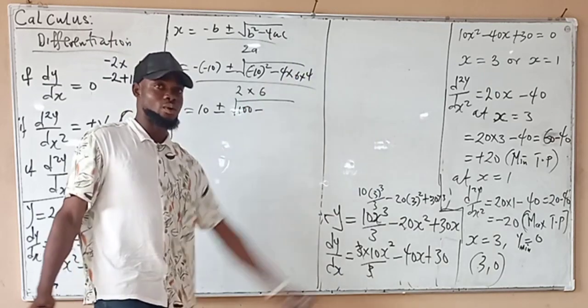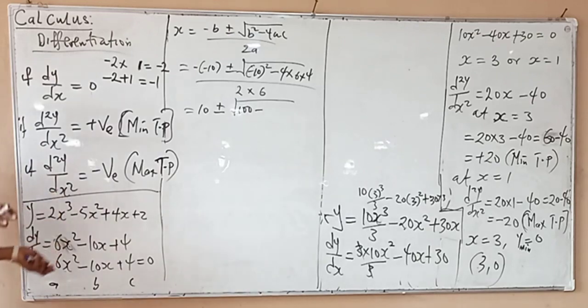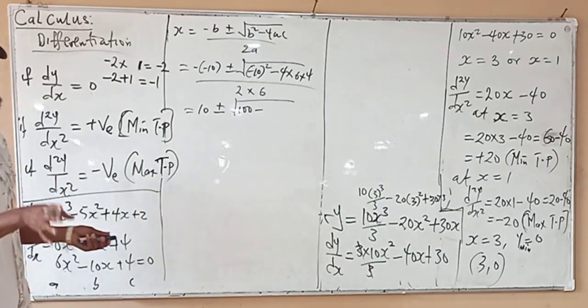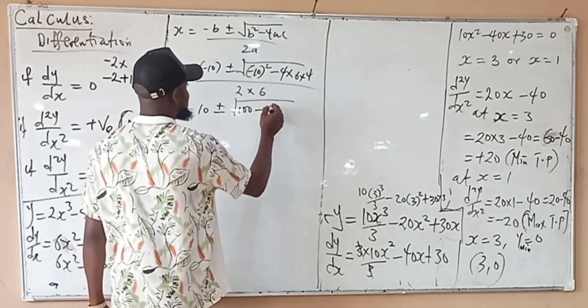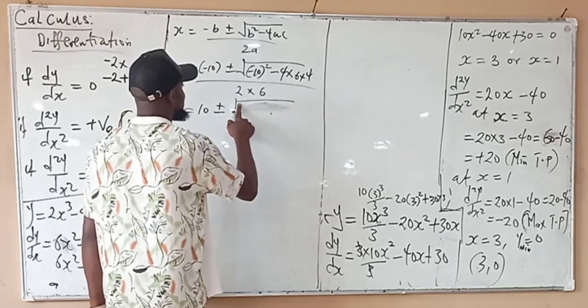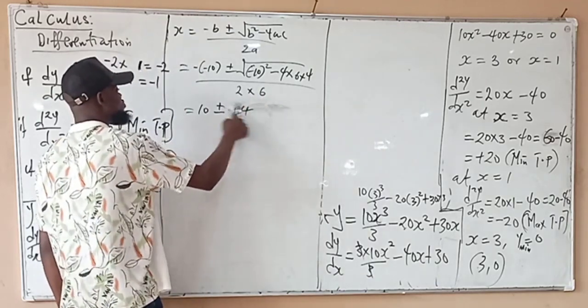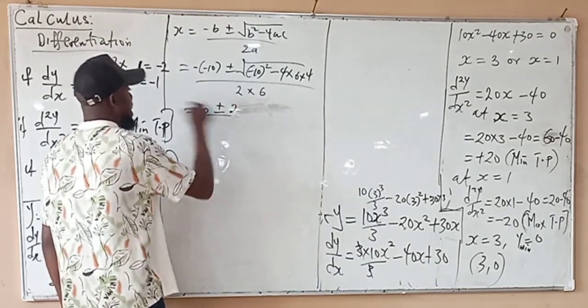Then 24 times 4: 24 times 2 is 48, 48 plus 48 gives us 96. 100 minus 96 gives us 4. Then the square root of 4 will give us 2.